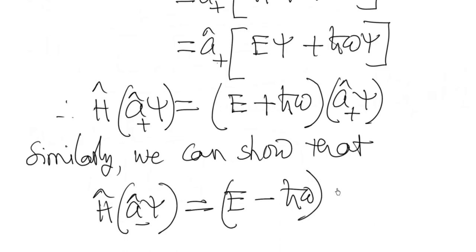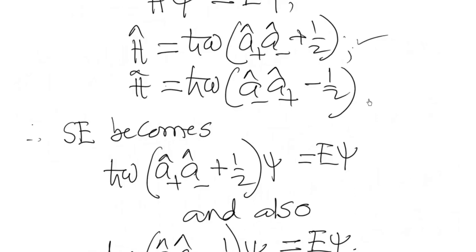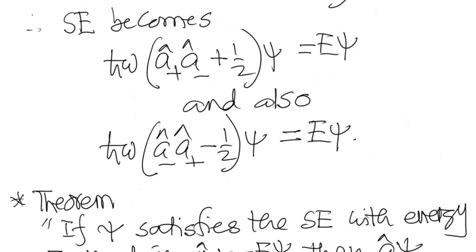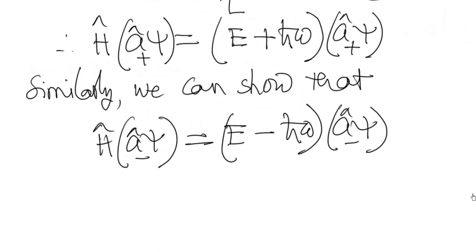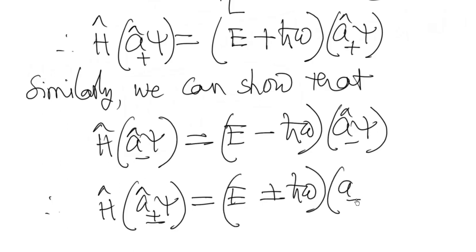Similar procedure, but in this you'll have to apply the H, not the first one, but this one. Therefore we can write down A plus minus psi here is (E plus minus h cut omega) A plus minus psi. Proved.